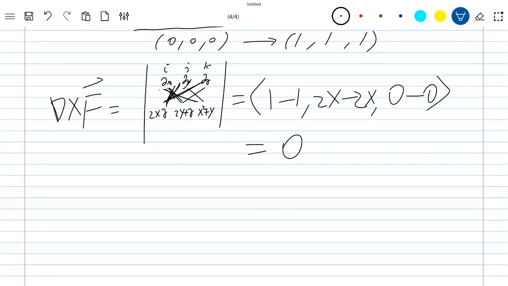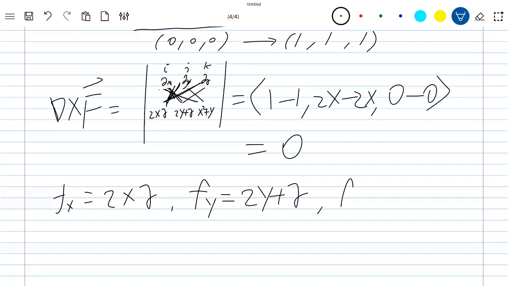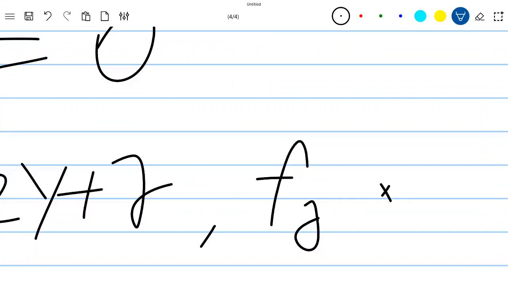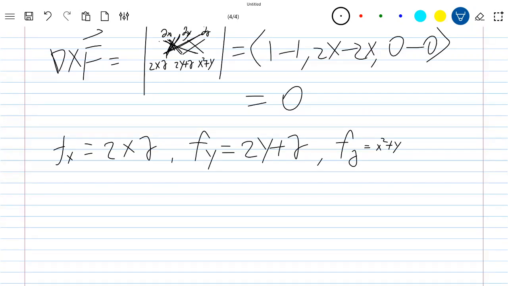Let's try to find out the f. So f_x is 2xz, f_y equals 2y plus z, f_z equals x squared plus y. So let's find out what is f. Okay, from the first one, let's integrate.